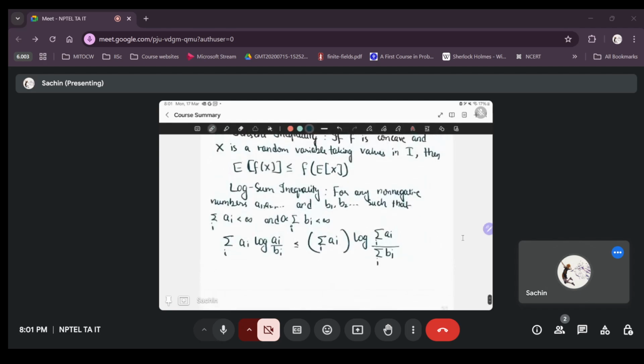Using these, we can prove that D(p parallel q) is convex in the pair (p,q).